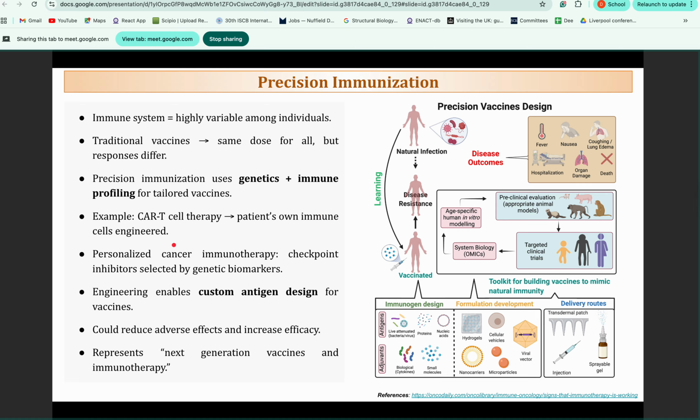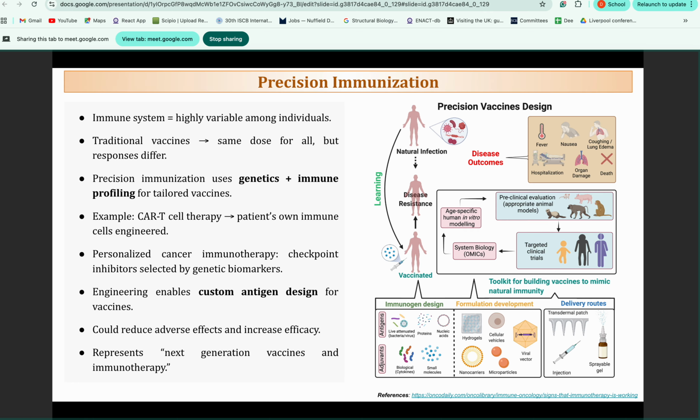In the previous session, we looked into CAR T cell therapy. In that case, we extract the cells from the patient, and at the surface or receptor of the T cell, we change it with chimeric antigen receptors, which are CARs.